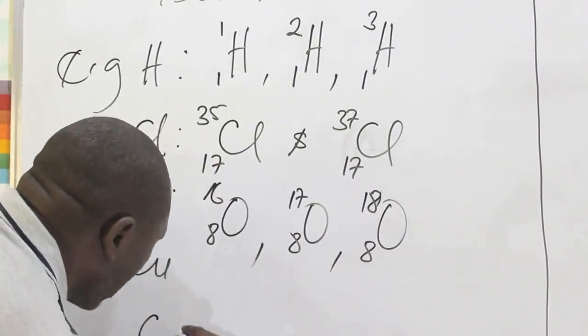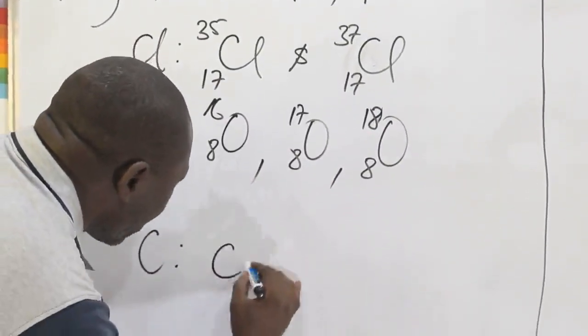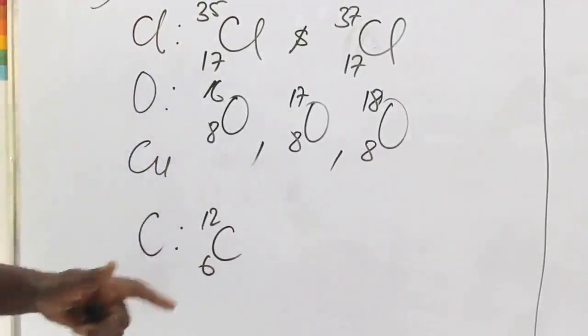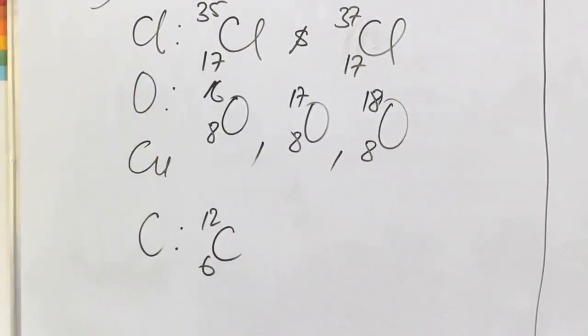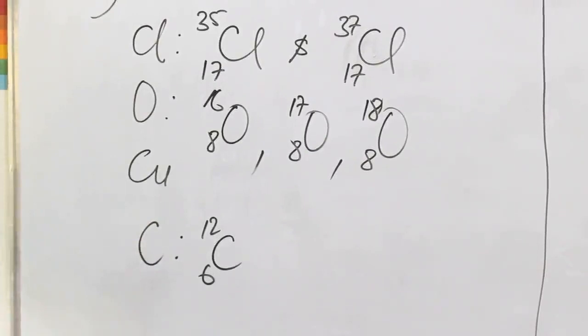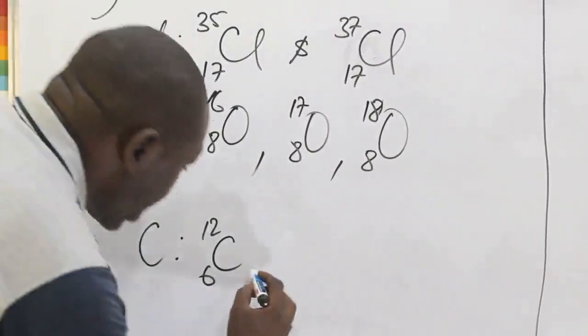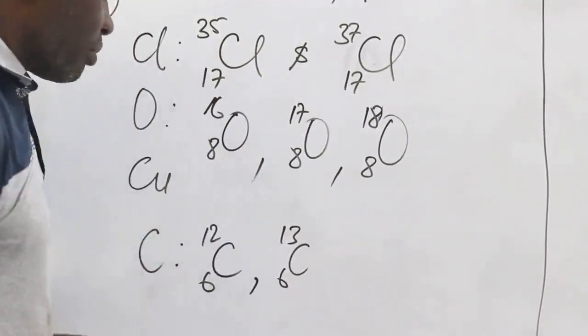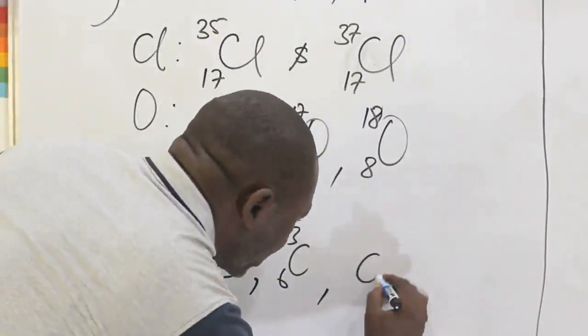Then carbon, let's take a look at carbon. Carbon has carbon 12 with atomic number 6, which is the common one that we know. The atomic number of carbon is 6, mass number is 12. But it has other isotopes apart from carbon 12. We have carbon 13, with mass number 13, and then carbon 14.